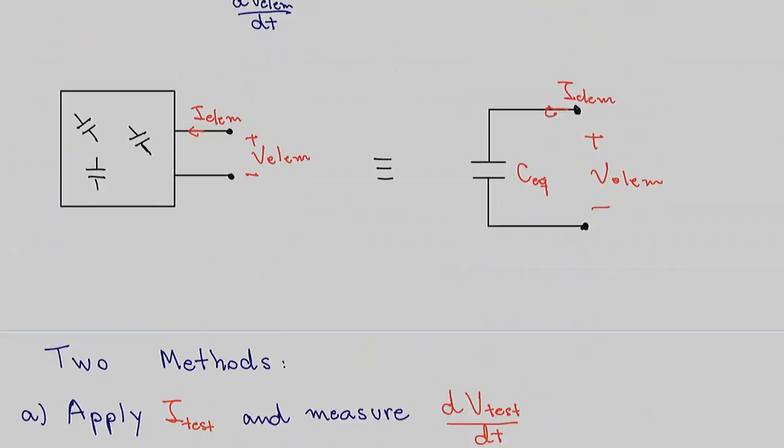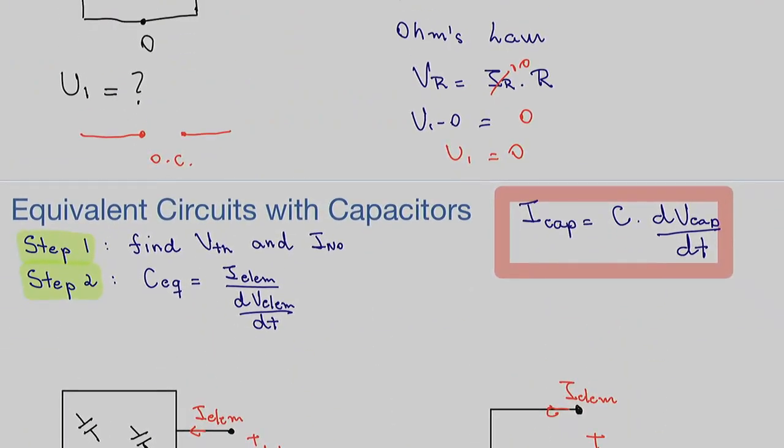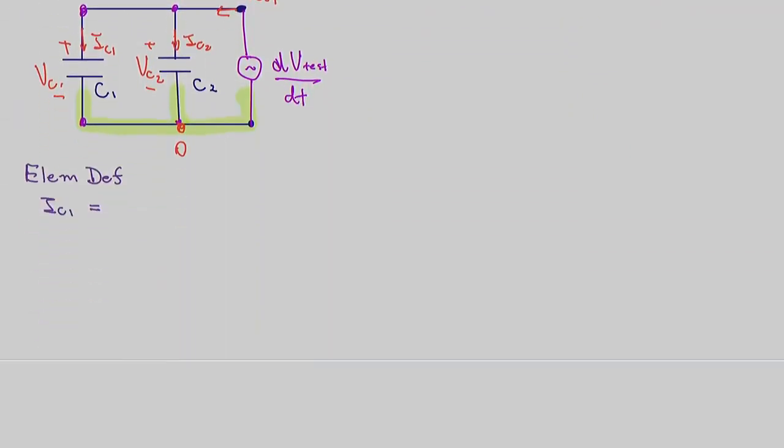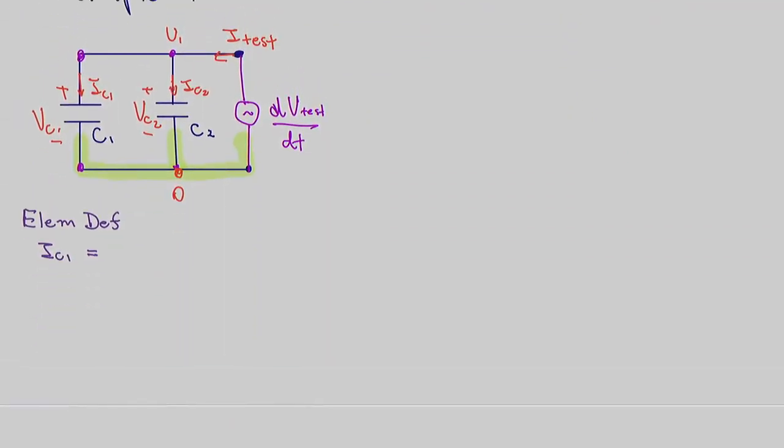Element definition. IC1 equals C1 dVC1 dt. Thank you. IC2 equals C2 dVC2 dt. Very good.